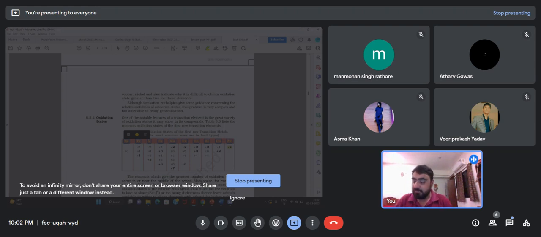Okay, so what was the configuration of scandium? 3d1 4s2. So plus 3 means it has lost all the 3 electrons, and it has attained the nearest noble gas configuration. So scandium has only one oxidation state, which is plus 3.